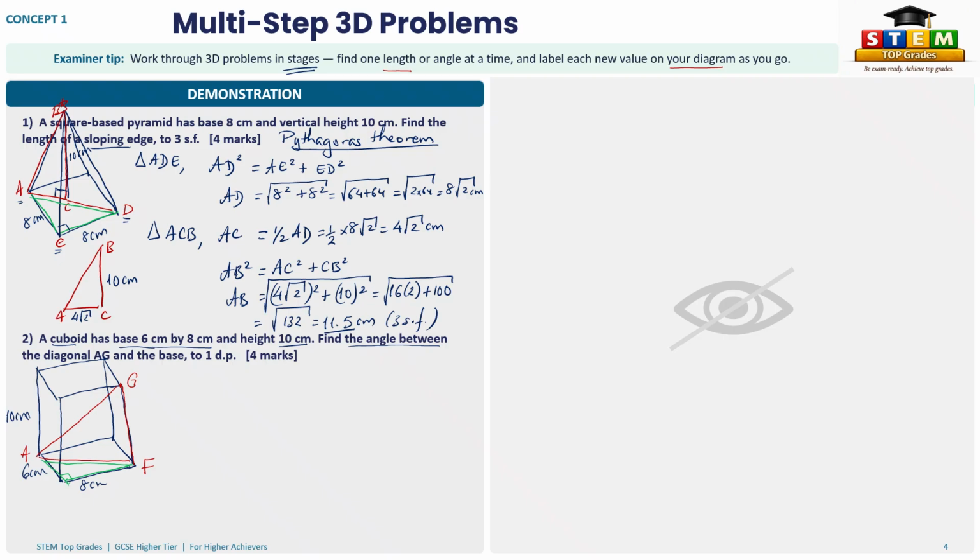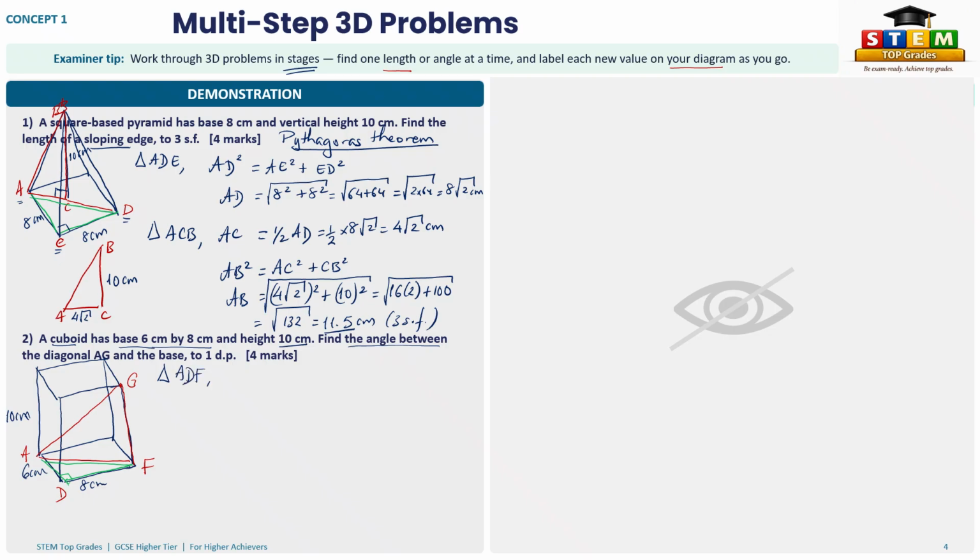Therefore, we need another label to make it clear, so let's call that D. Now, step number one would be to find length AF. Which triangle are we looking at? That's triangle ADF.